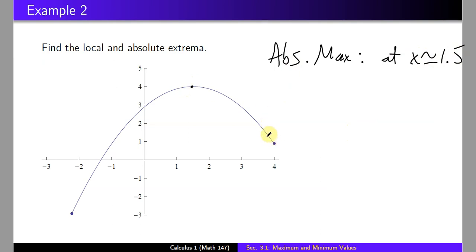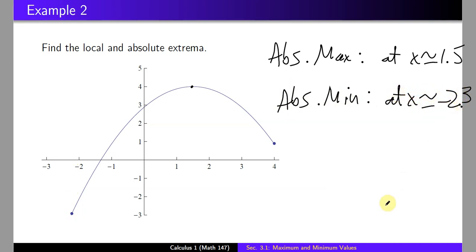But now, since the graph doesn't continue indefinitely to the right and to the left, we actually have an absolute min right here. And it appears to be at roughly negative 2.3, we'll call it. This isn't going to be a maximum or a minimum value in an absolute sense. What about local?